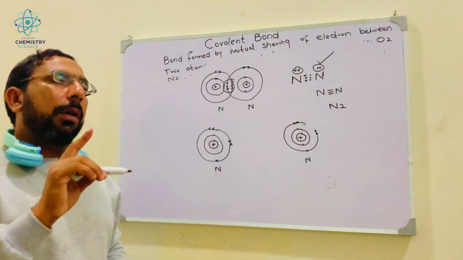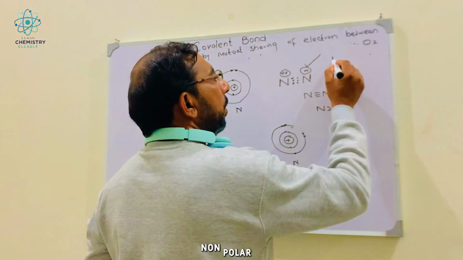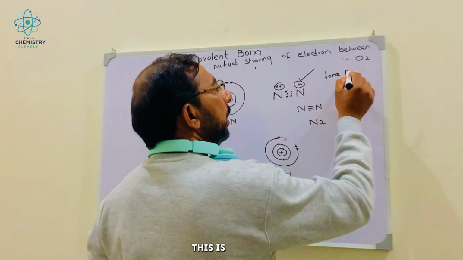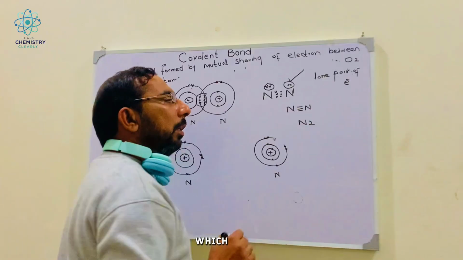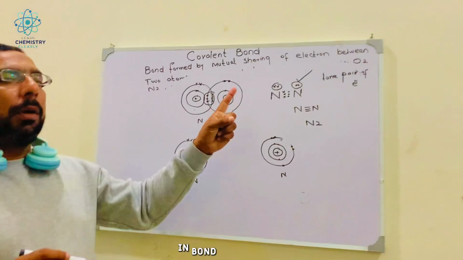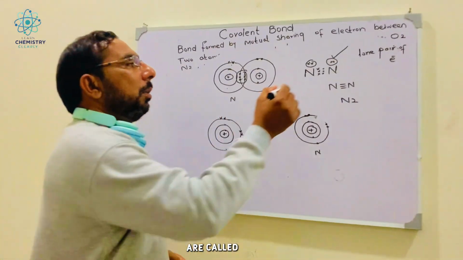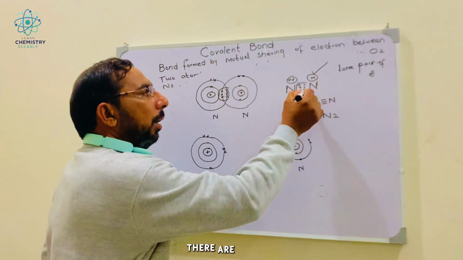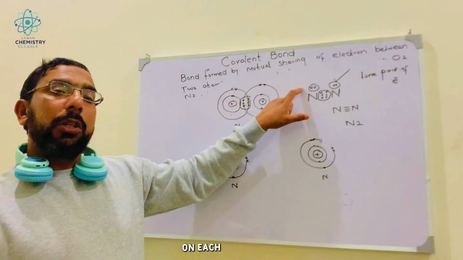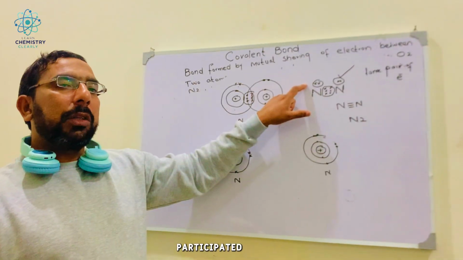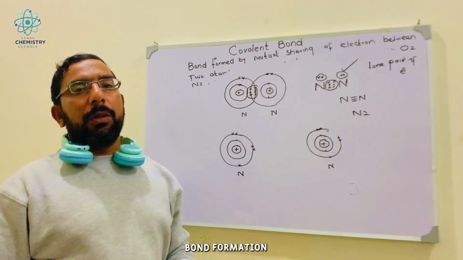This electron pair is called lone pair of electrons, and the electrons which have participated in bond formation are called bond pair of electrons. There are 3 bond pairs of electrons and 1 lone pair of electrons on each nitrogen atom which has not participated in the bond formation.